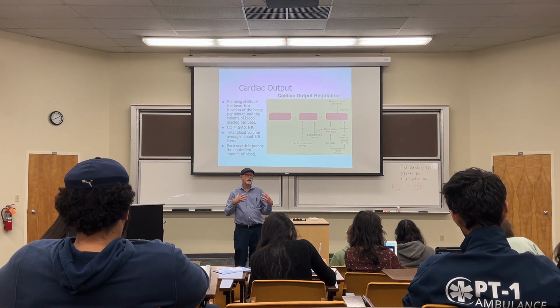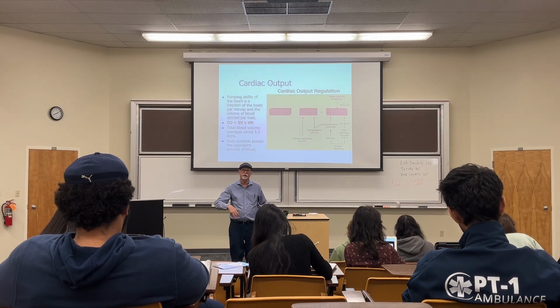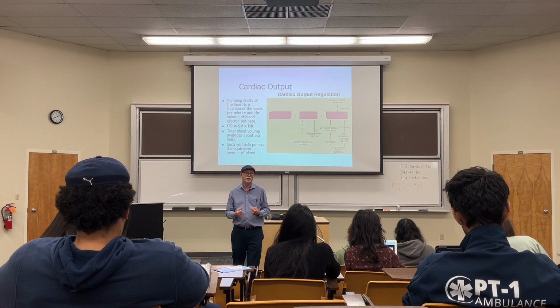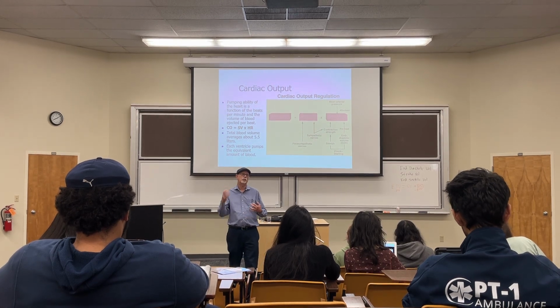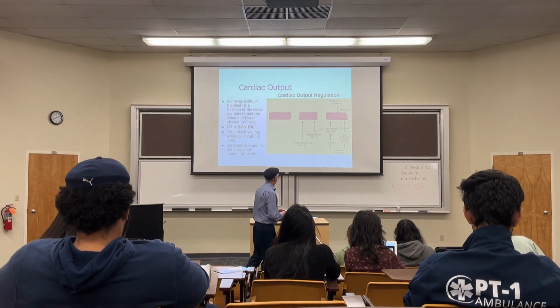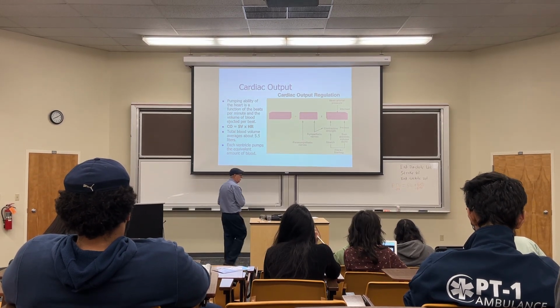Why do we need that? Because we have to deliver more oxygen and nutrients to our muscles and everything else, because we're utilizing it. We're running as fast as we can, or swimming, whatever. We're exercising. So that's our cardiac output.